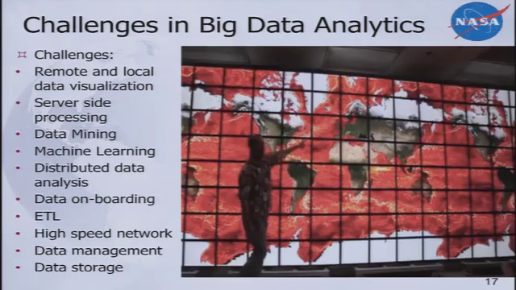So on the right-hand side, the new challenges are emerging. Those challenges include, of course, data visualization. We talked about that this morning. Server-side processing. You can't move petabytes of data to your own lab anymore. Well, although recently I do have one PI at Illinois.